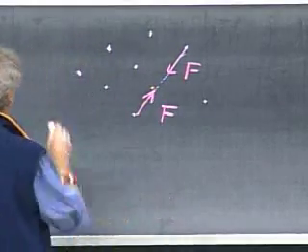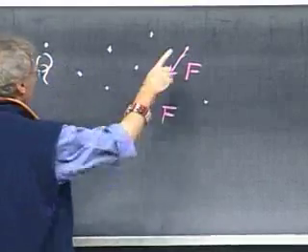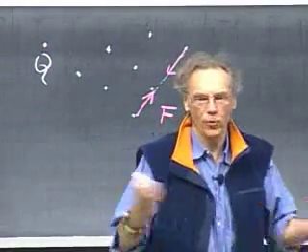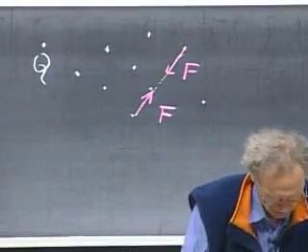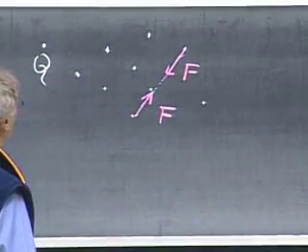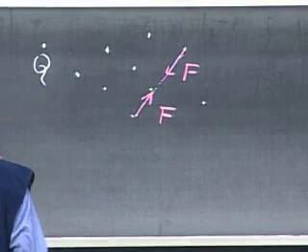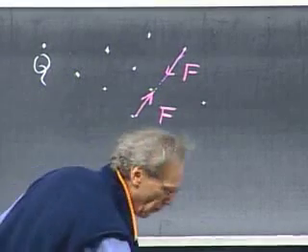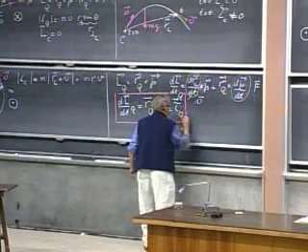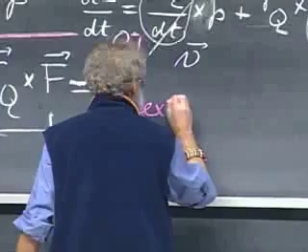So if I take any point Q here, no matter where you choose it, that will never put a torque on that system, because the two forces cancel each other out. And so now we get the final conservation of angular momentum in all its glory if only we add here one little word, external.